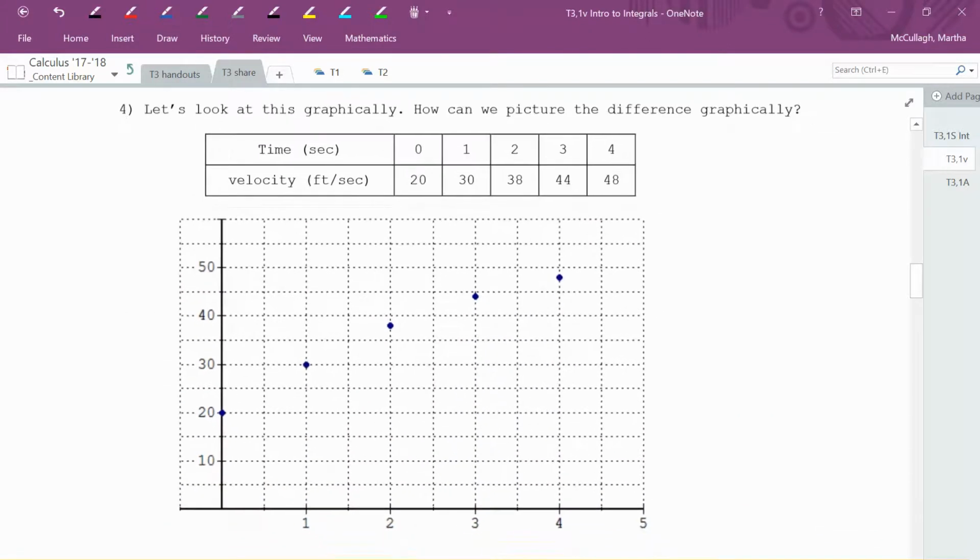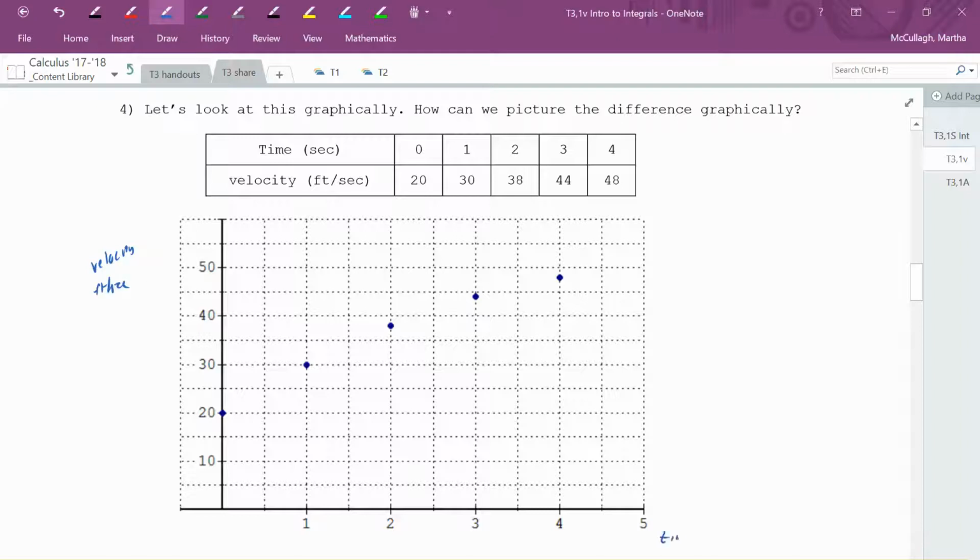Now let's look at this graphically. So what we've got here is I put the 0, 20, 0, 20, 1, 30, 2, 38, 3, 44, and 4, 48 on this graph. So this is our velocity in feet per second.